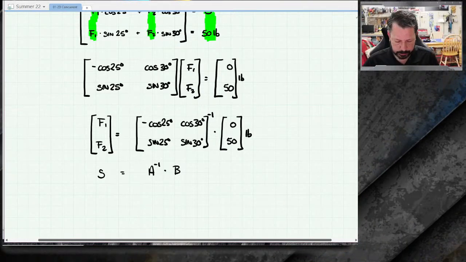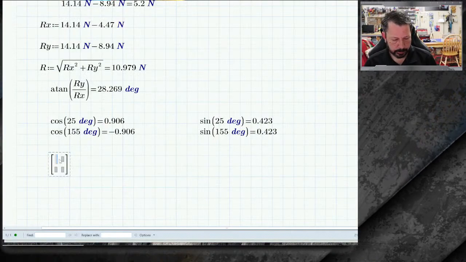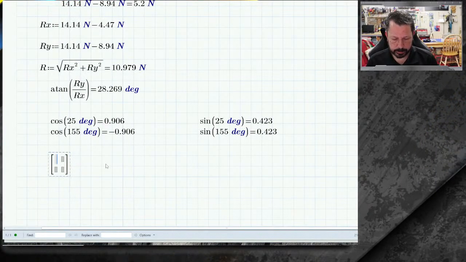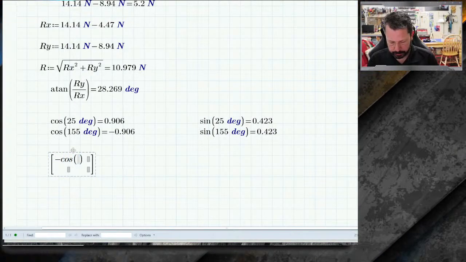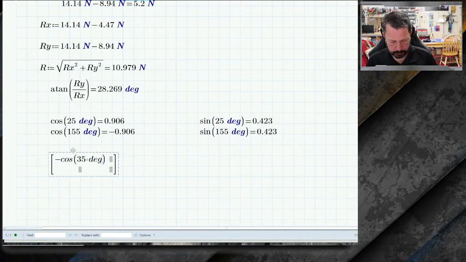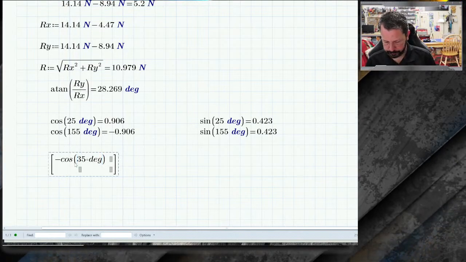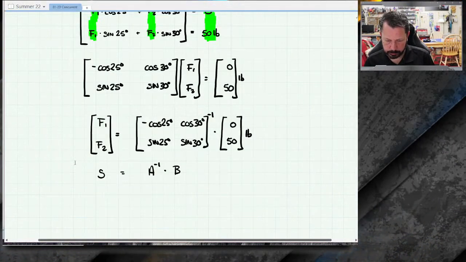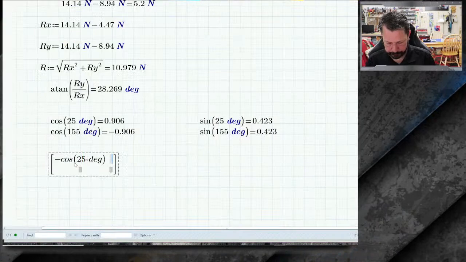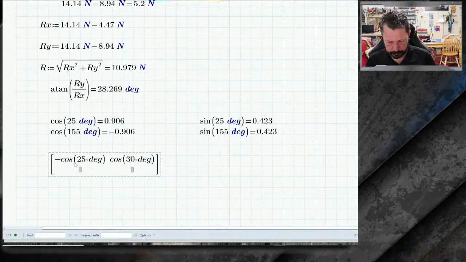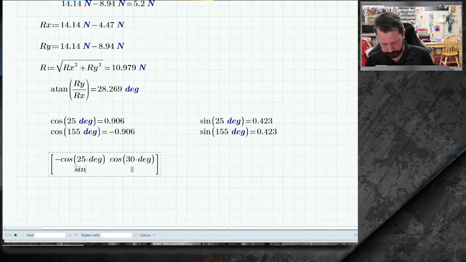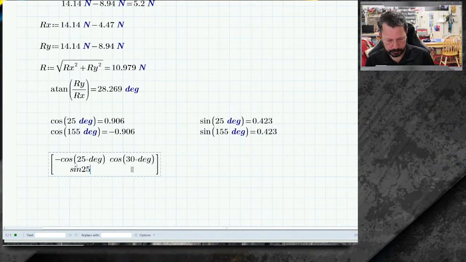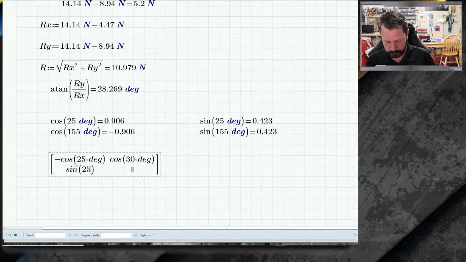So if we just put those into MathCAD, here's my A matrix. So what is it? Negative cosine 25 degrees. The next one was cosine of 30 degrees. The next one is sine of 25 degrees.